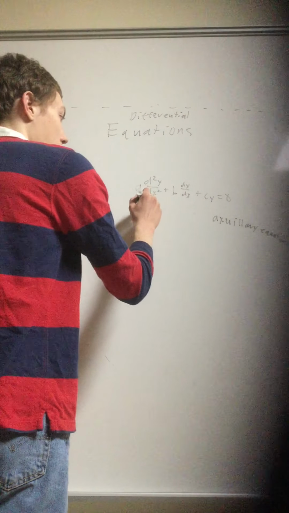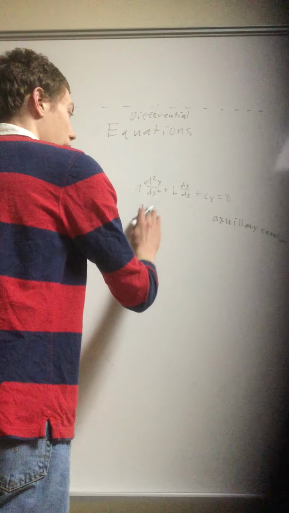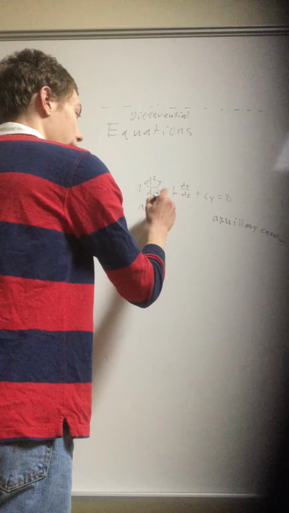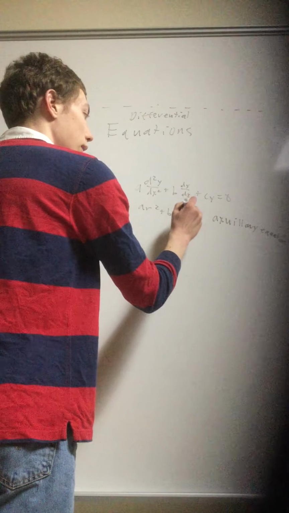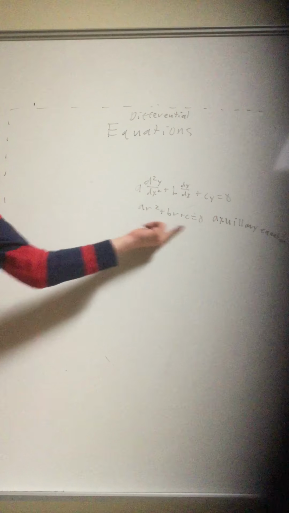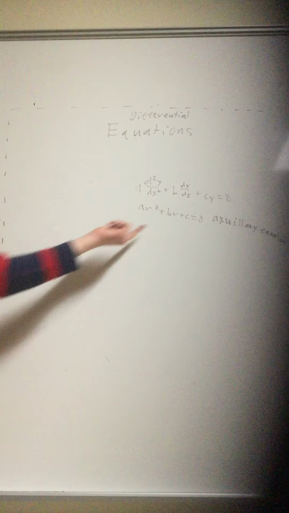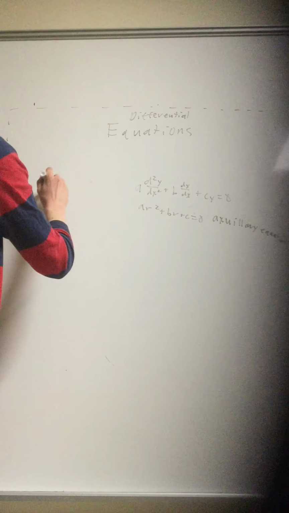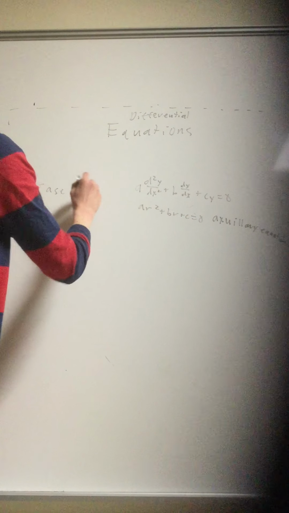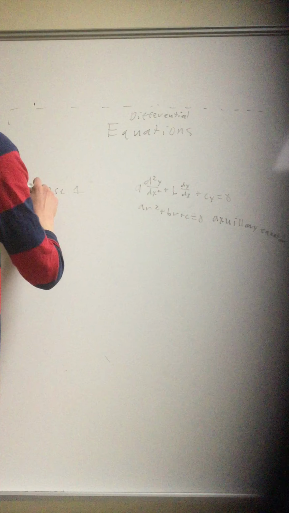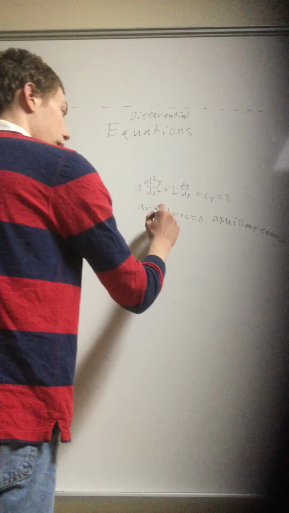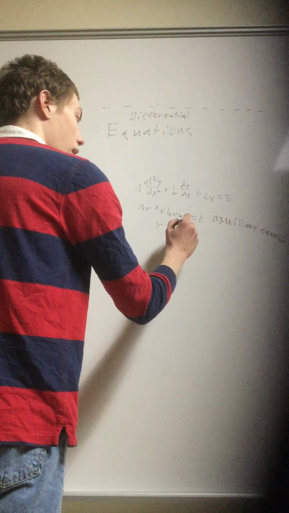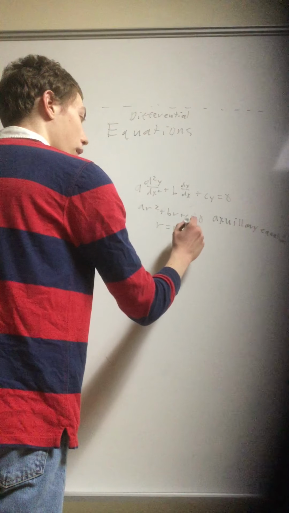Then this is ar squared plus br plus c equals 0. Well, this is a quadratic equation. You solve these. It turns out that there's 3 cases. Case 1, we already saw this. You get 2 roots when you solve this. You get r equals r1 comma r2.